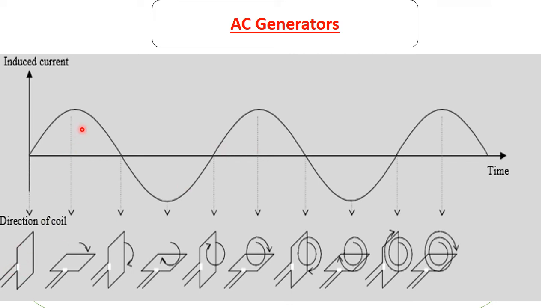If the frequency is 50 Hz, then the number of rotations of the coil is 50 rotations per second. So that's the relationship between the frequency of the wave that's going to be produced and the number of rotations of the coil.